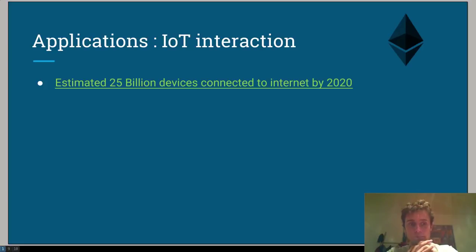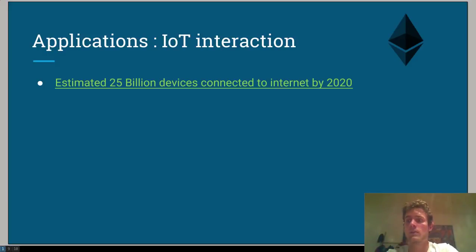And what this means is that eventually we'll need to have them communicate with each other. They need to be managed, and that's a very difficult problem, because you cannot just have one server that controls 3 billion devices.